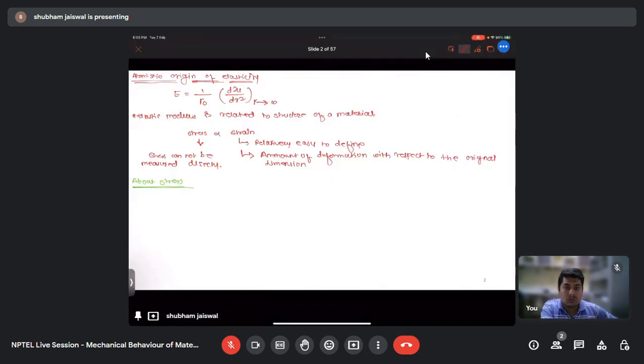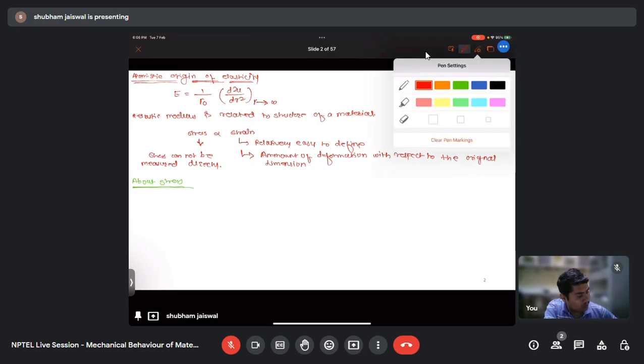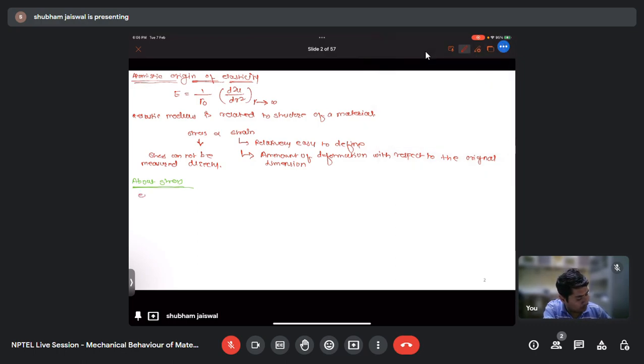Then we talked about stress. What are the conditions for stress? For stress to be acting on the body, it should be in equilibrium. So equilibrium is needed. And what is stress? It is nothing but the internal resisting force acting against the applied external load.